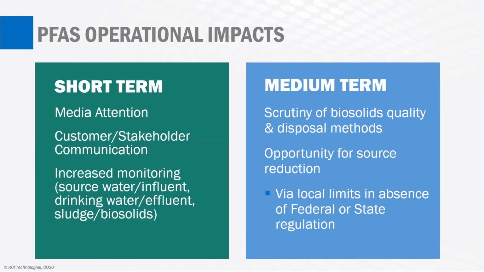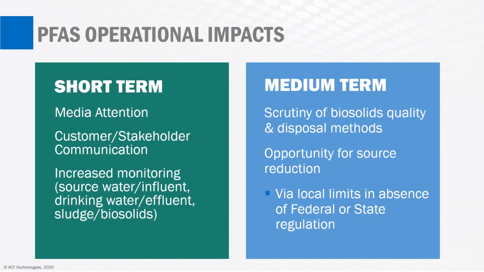I think there's also, in that medium term, going to be opportunities for some source reduction. As we talked about a few minutes ago, the wheels of the federal regulatory apparatus are moving slowly, so you're probably not going to see them in the categorical standards for a number of years, but there are some opportunities via local limits.